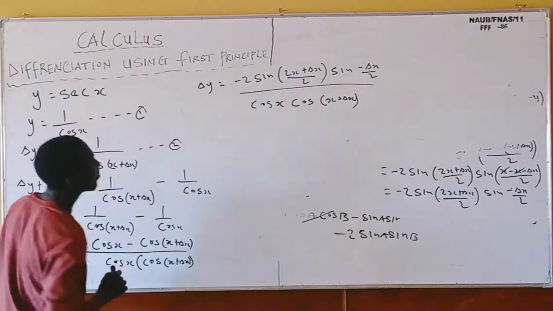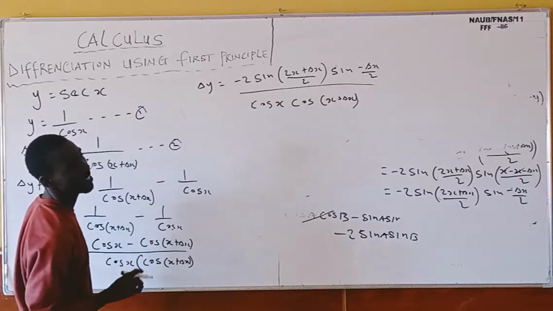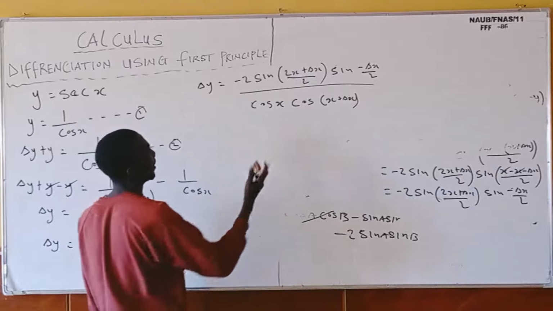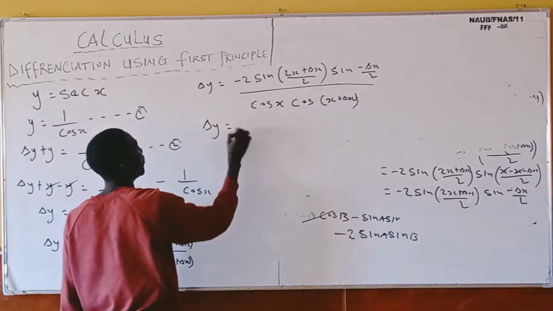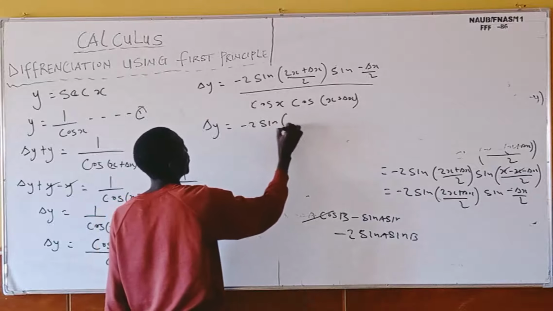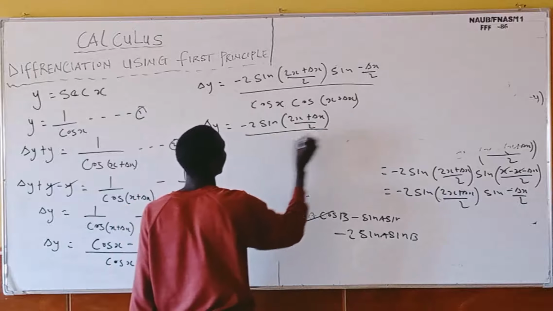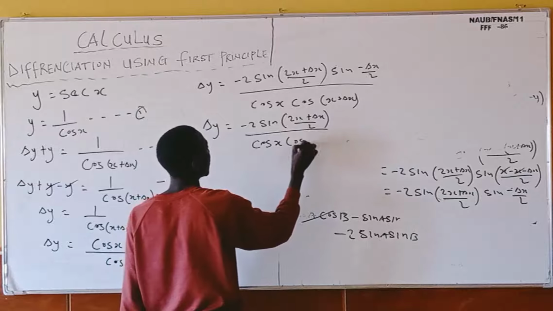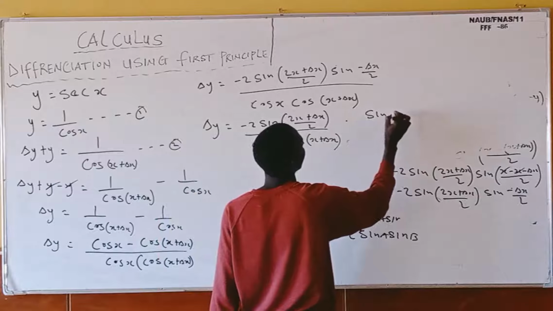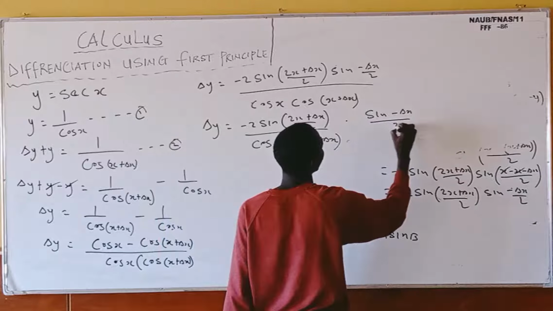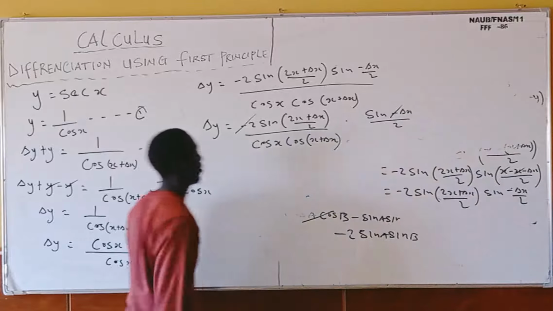Now the next step is to divide both sides by change in s. But I don't want to waste my time. This is what you do. You can bring out this. So change in y will be equal to minus 2 sine of (2s plus change in s) all over 2, all over cos s cos(s plus change in s), multiplied by sine of (minus change in s) all over 2. Now you notice that this minus will cancel out this minus.